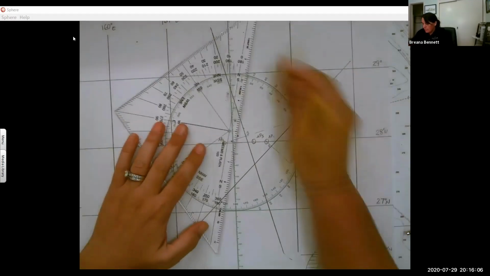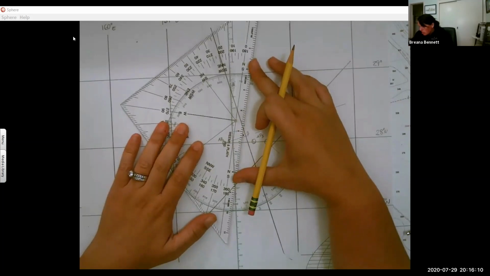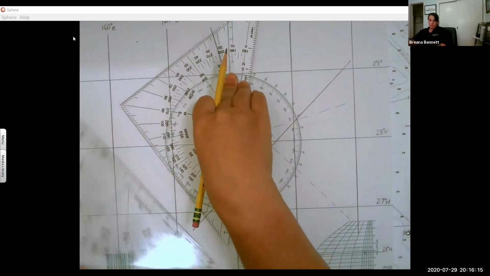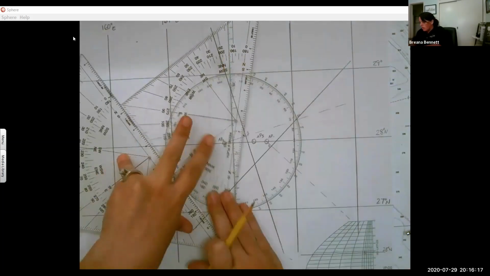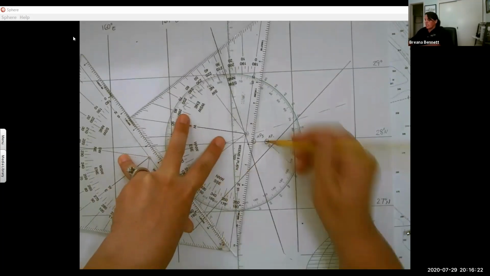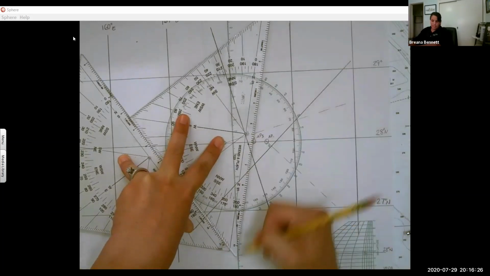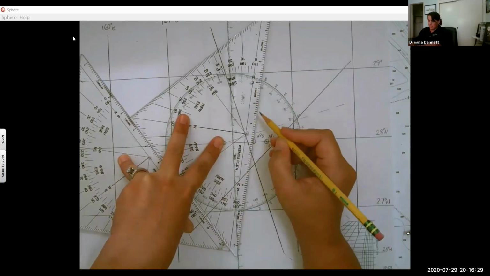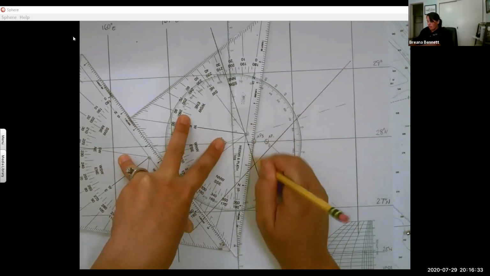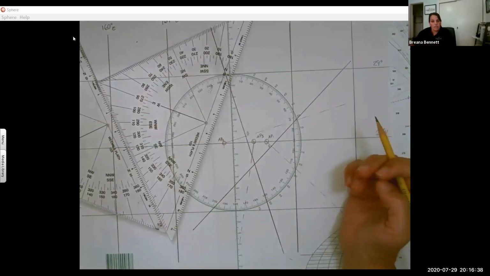So if I find my 10 degrees, instead of going towards 10, I'm going to go away from 10, because it's also 10 miles, but it's 10 away. So that's essentially 190.